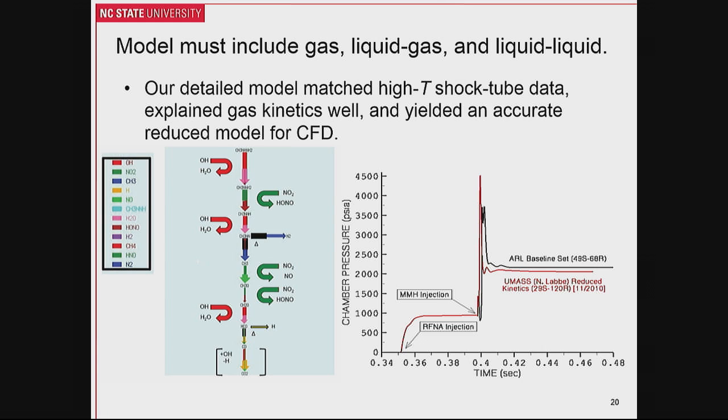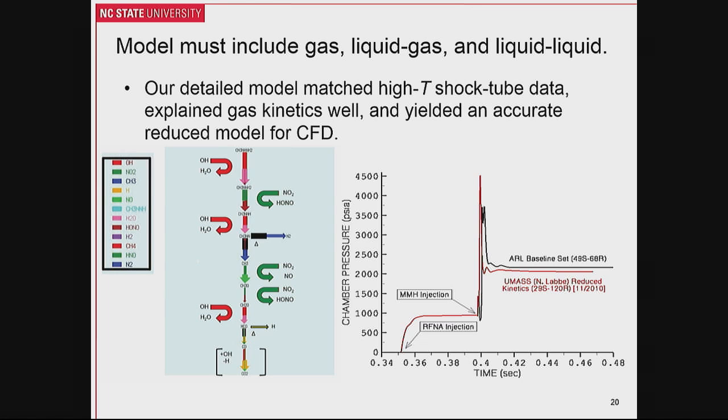There's not a chain branching reaction like you have in hydrocarbon combustion. But in running the gas kinetics and starting off at temperature, we were able to match up with a reduced mechanism what was there. We were able to test against shock tube data, show that it worked reasonably well, with one rub.